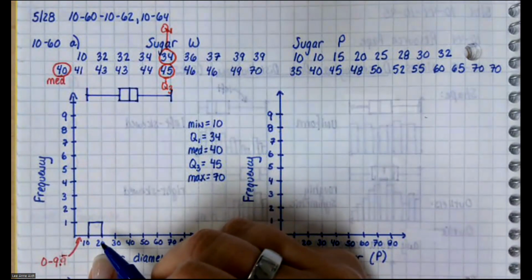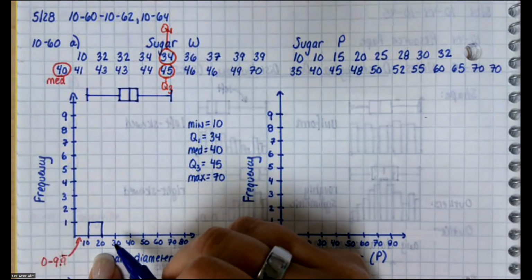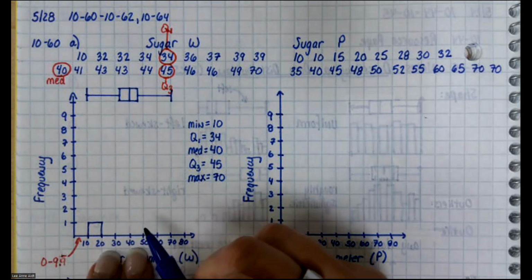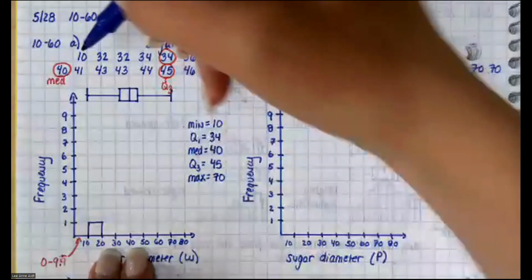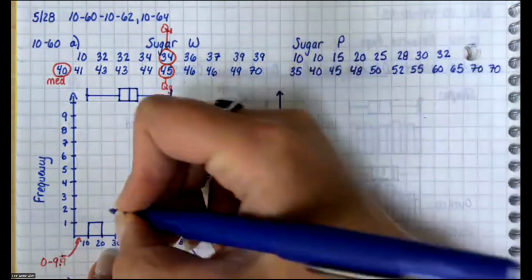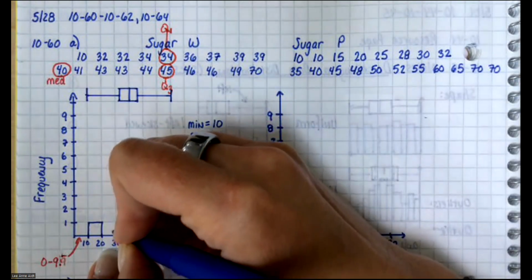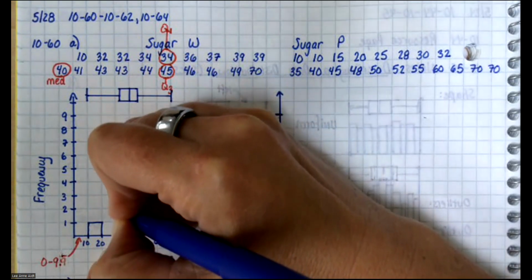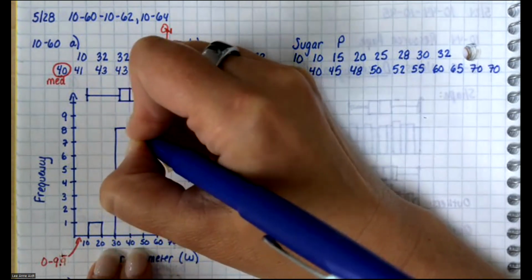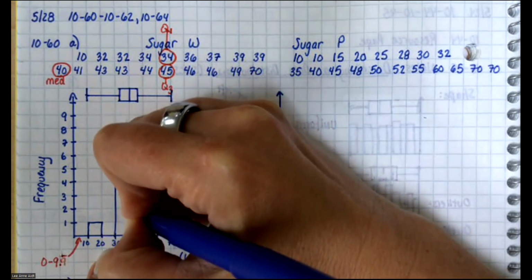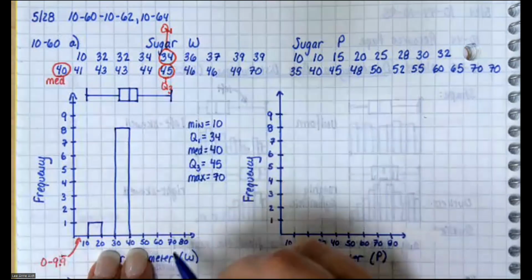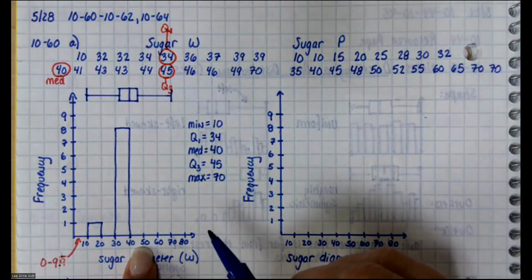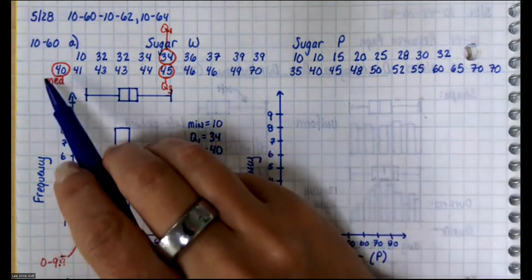How many numbers are between 20 and 29.9 repeating? 0. How many numbers are between 30 and 39.9 repeating? 8. How many numbers are between 40 and 49.9 repeating? 9.